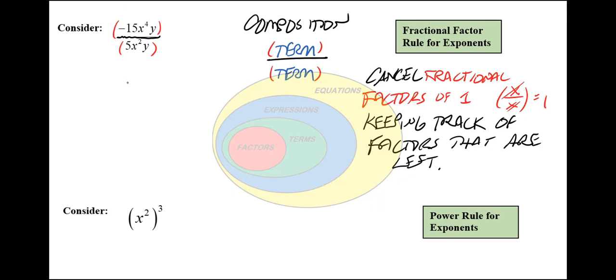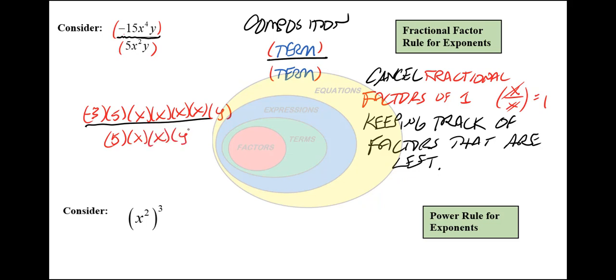So in the numerator, we see maybe like 15. We could split that up into a factor of -3 and 5. X to the fourth, that's like 4 x's, right? So x times x times x times x, and then times y, the last factor. On the denominator, we have a factor of 5, 2 x's, and a y.